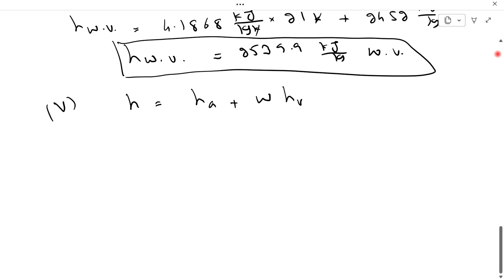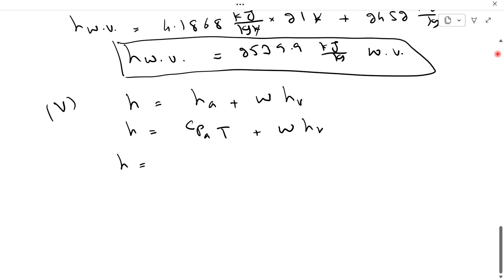Cp of air is 1, and H is equal to CpT. So I can write this formula as Cp of air into temperature plus specific humidity into specific enthalpy of water vapor.